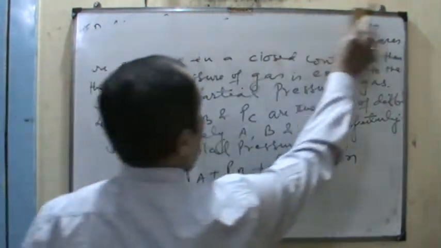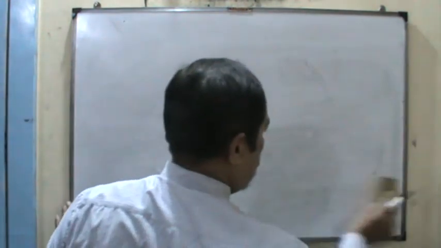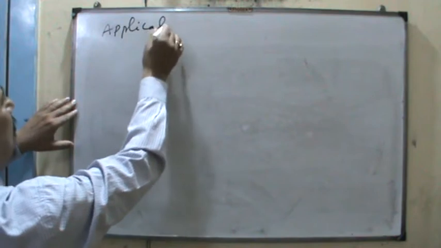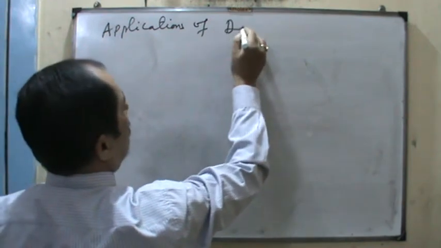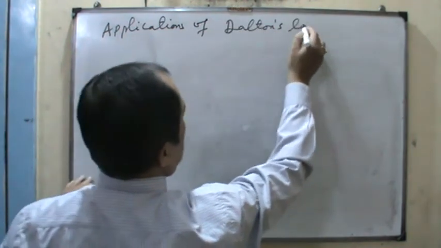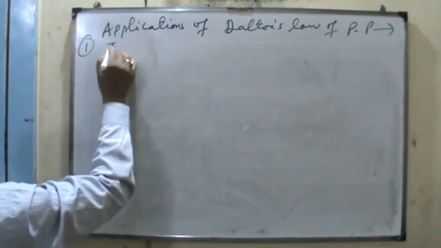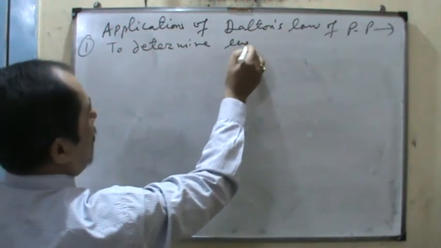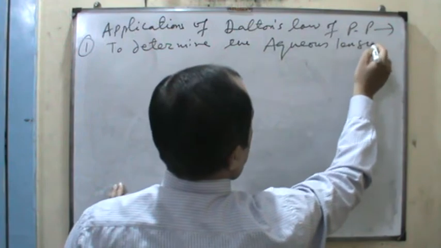So dear students, you write down the applications of Dalton's law of partial pressure. The first application is to determine the aqueous tension.